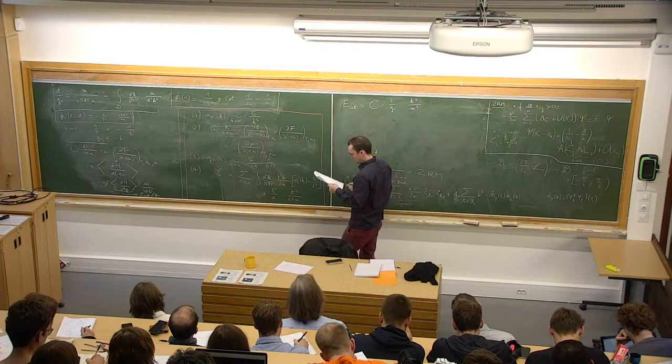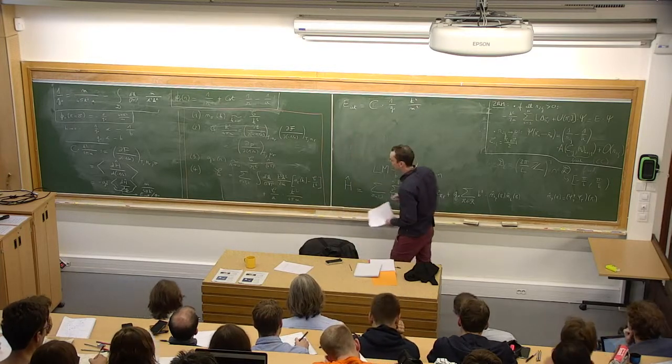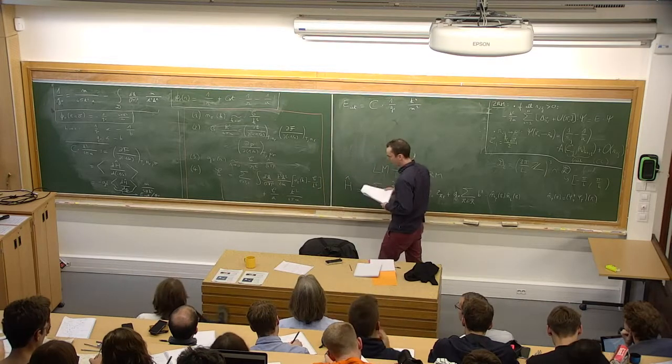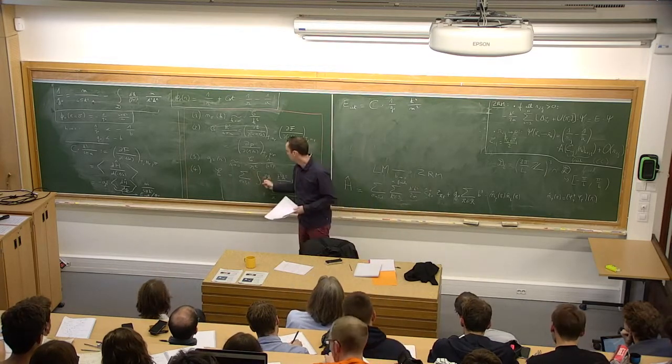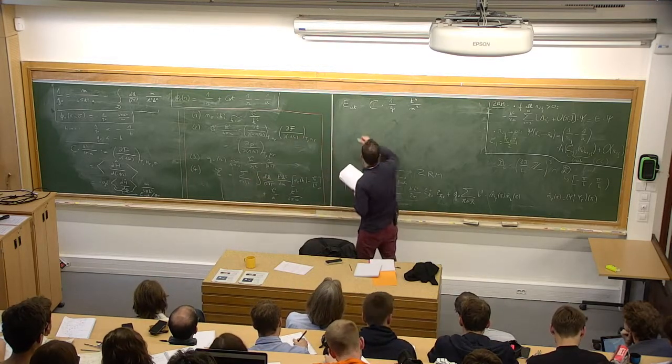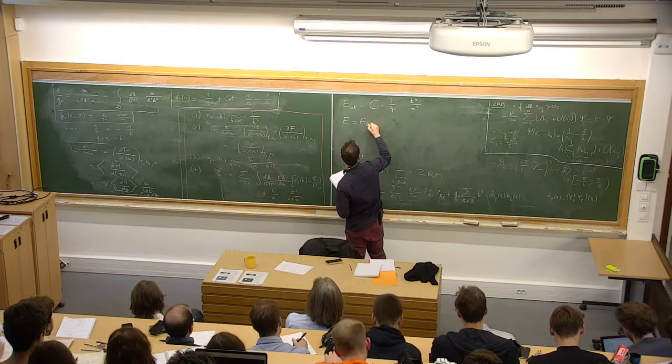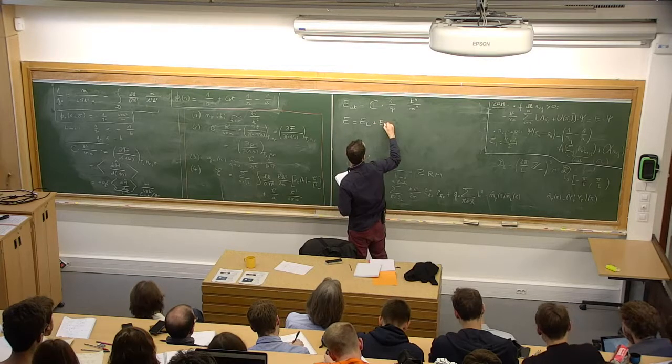So now, actually, what I will do, I will first derive this relation, which is called sometimes the energy relation. So the total energy is, of course, just the kinetic energy plus the interaction energy.